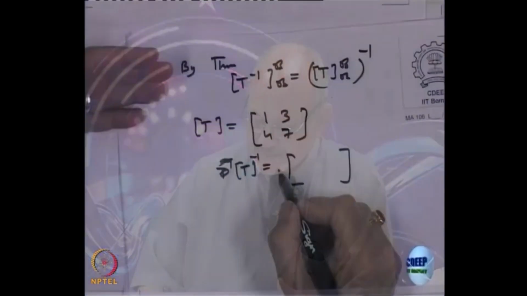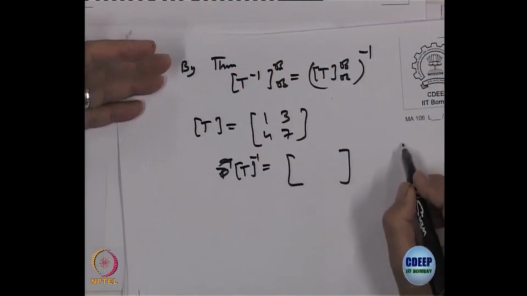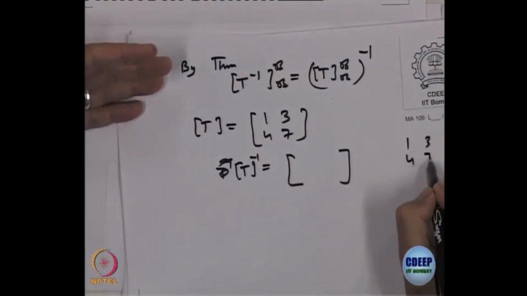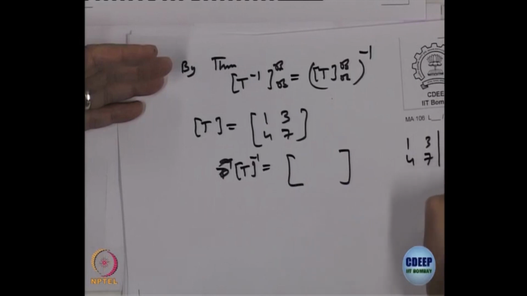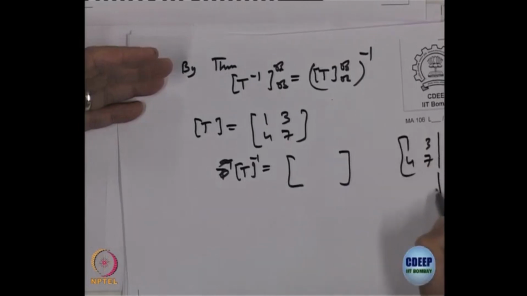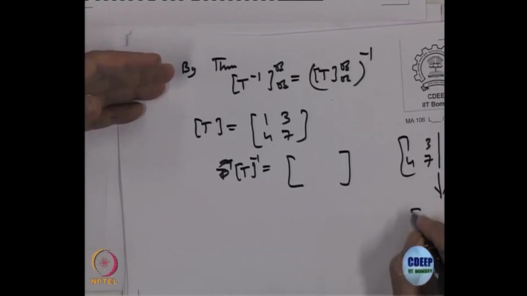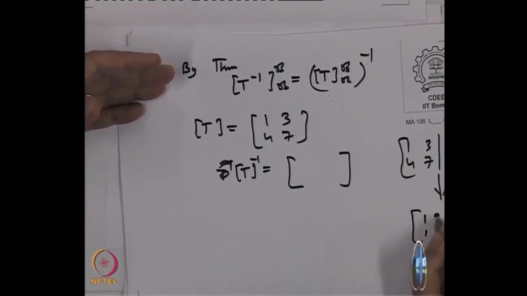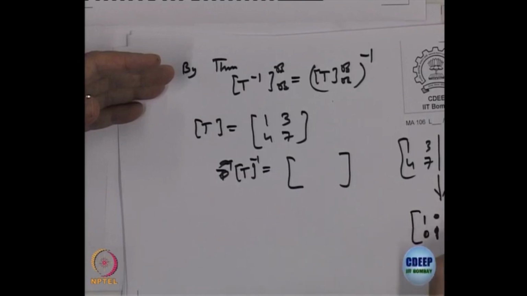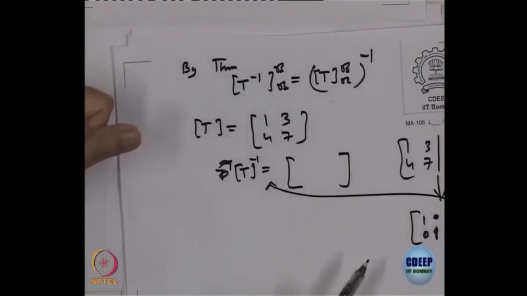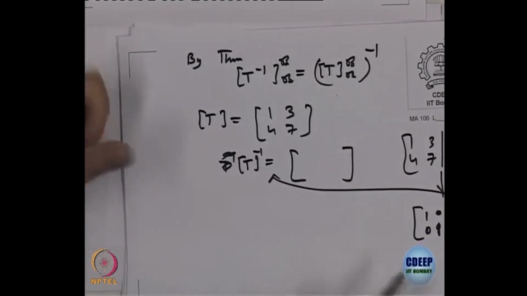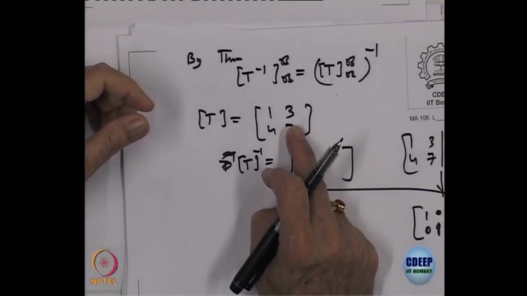It is clear? So to find this inverse, you can start with the matrix 1 3 4 7 and write 1 0 0 1 next to it, and transform it using row echelon form so that the first part comes out as the identity, and the other part comes out as something, and that is precisely my inverse. That is one method.